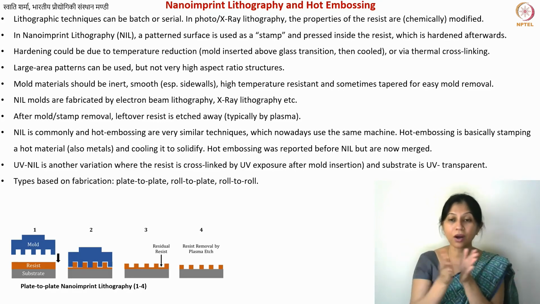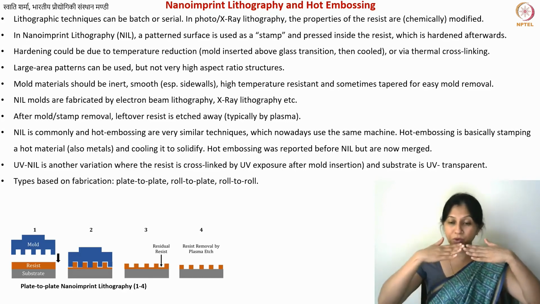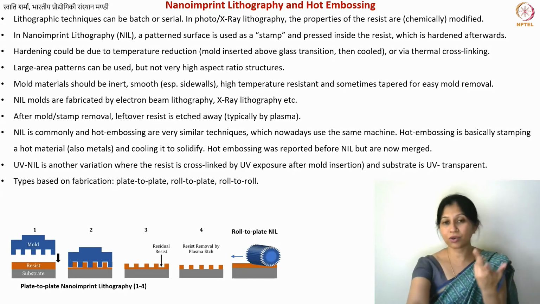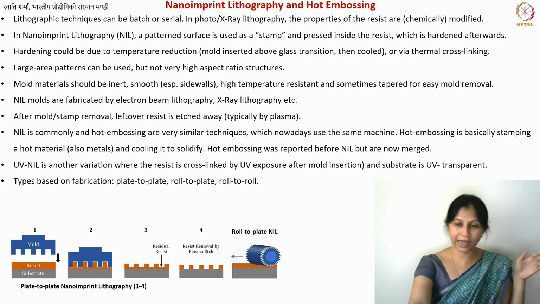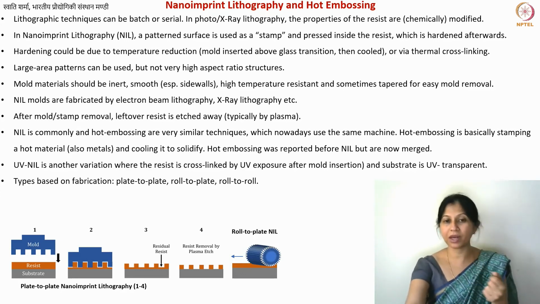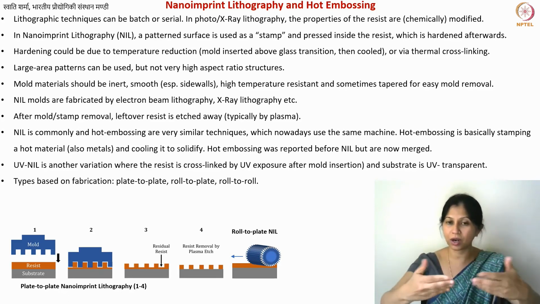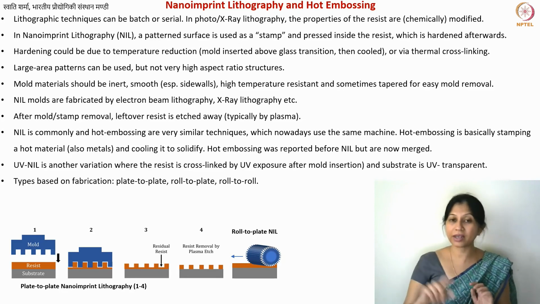There are variations of these techniques, because you can do large area patterning. What you can also do is what is known as roll to plate. Your mold can be, rather than a stamp, a roll, a drum-like substrate which rolls onto your polymer film. That is known as roll to plate nano imprint lithography.